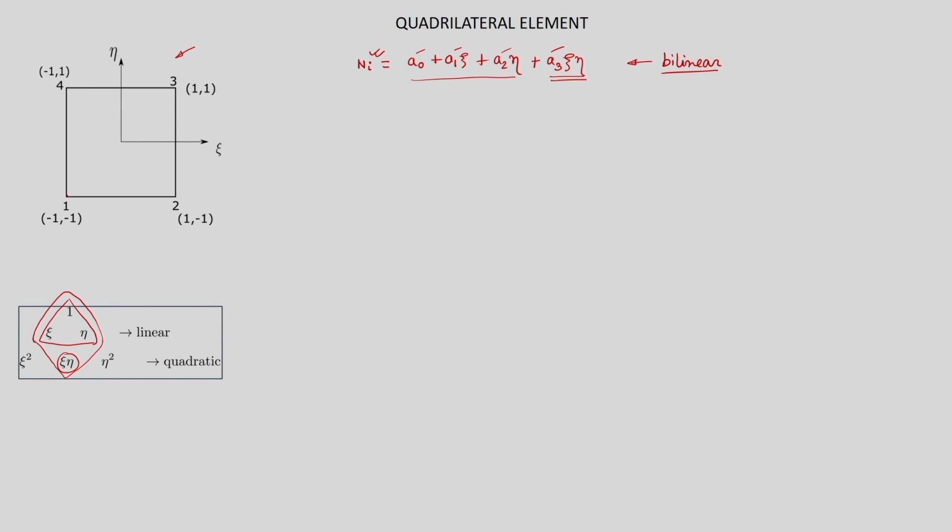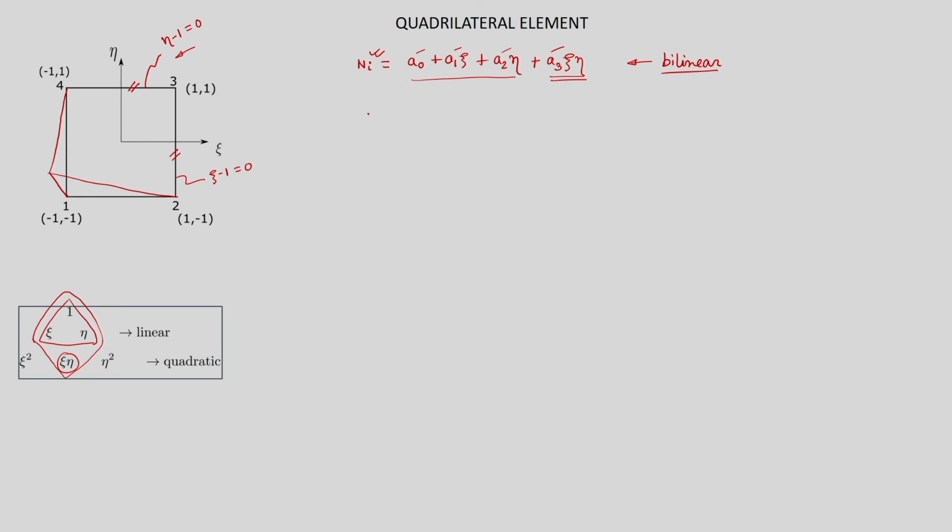Now instead of doing that, we can follow the strategy that we used for triangular elements. We can say that N1 is 1 at node 1, varying linearly with xi and eta, and is 0 along these 2 edges. What is the equation of these 2 sides? For this side the equation is xi minus 1 equal to 0, and for this side eta minus 1 is equal to 0.